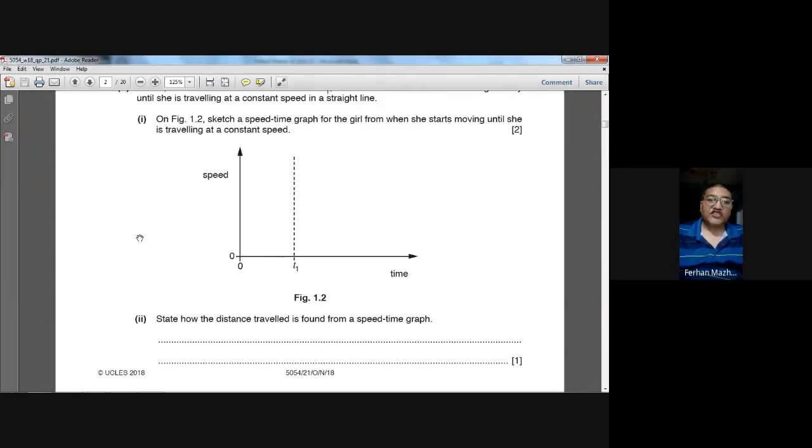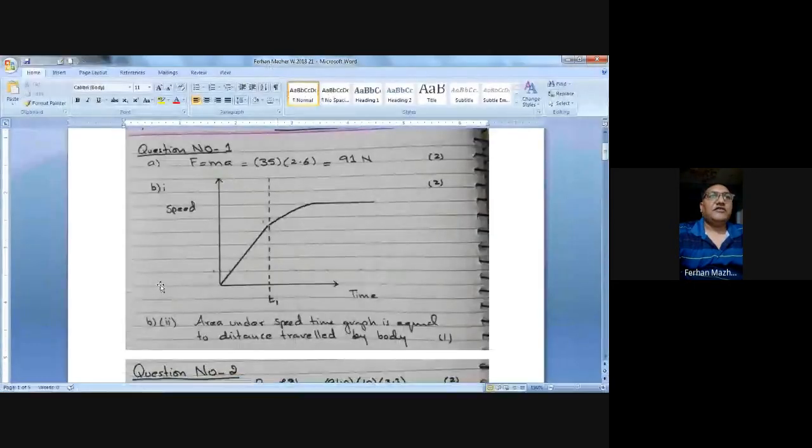The area under the speed-time graph is equal to the distance traveled by the body. Let me show you the answer which I have written. Area under speed-time graph is equal to distance traveled by body. So it's a 1-mark question. I hope you have understood it.